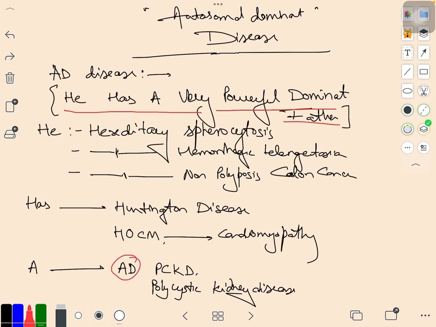Remember, I wrote AD, which also means there has to be an AR, autosomal recessive. But I'll not talk about it in this lecture because this lecture mainly focuses on autosomal dominant types of diseases. So we are done with He has a.